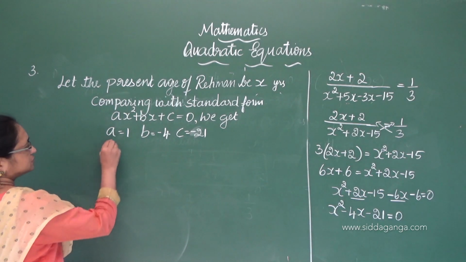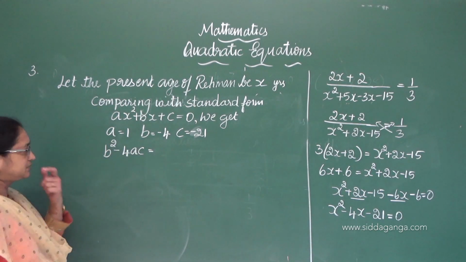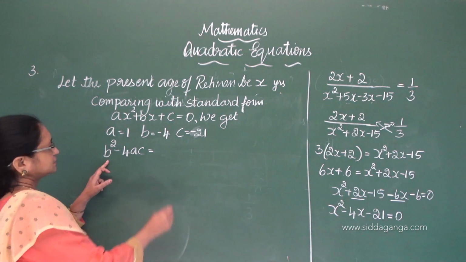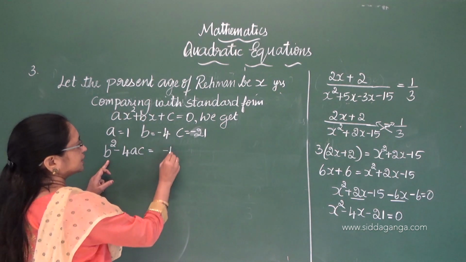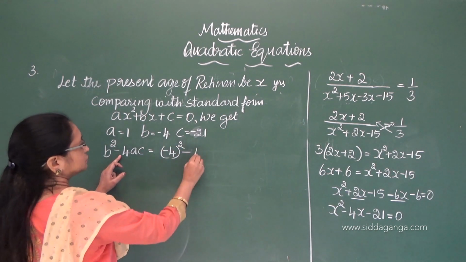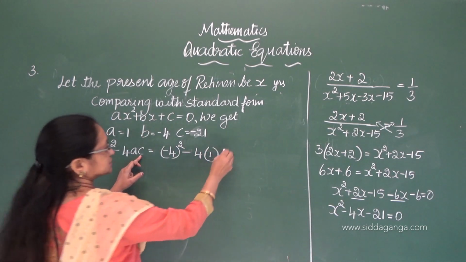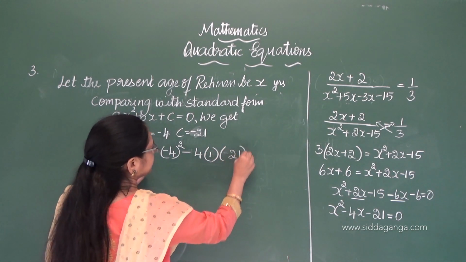Now let us find out b square minus 4ac. So b square minus 4ac is b square, so here minus 4 whole square minus 4 into a 1, c is minus 21.